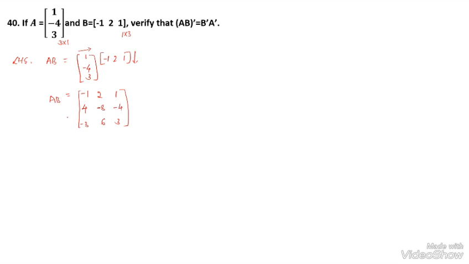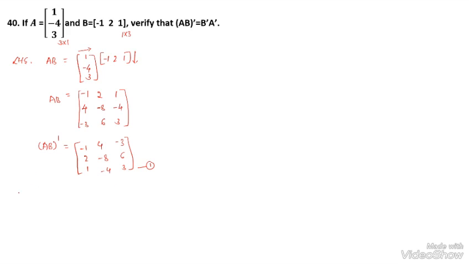We want the AB transpose matrix. The LHS part is AB transpose. Interchanging the rows and columns, we will get the transpose matrix. Taking this row as a column: minus 1, 2, 1, 4, minus 8, minus 4, minus 3, 6, 3. This is the LHS part.